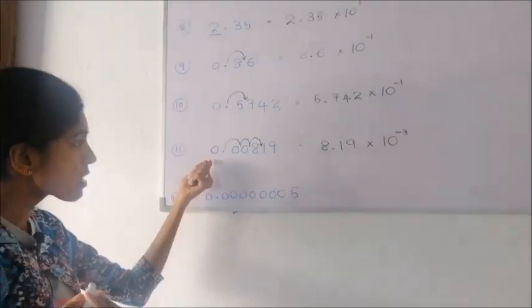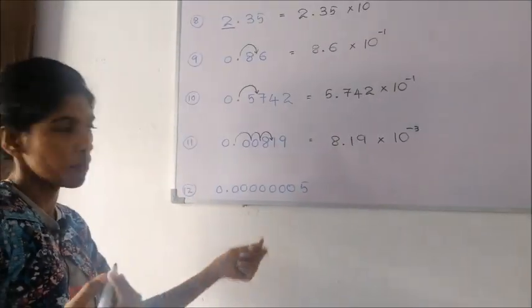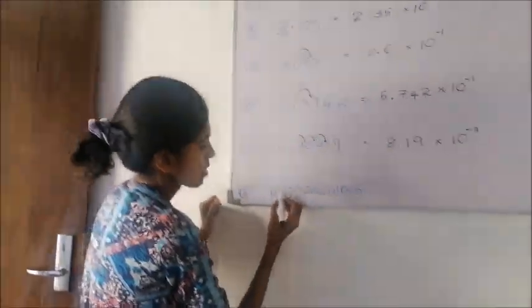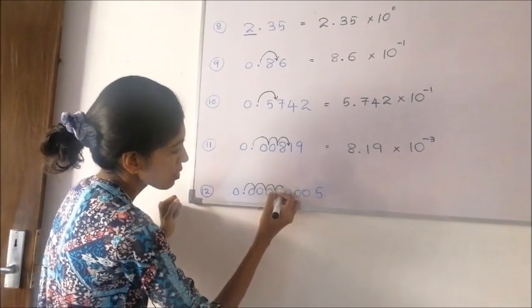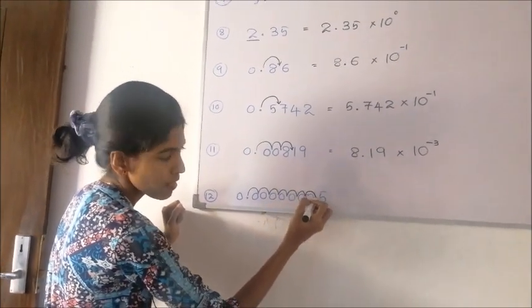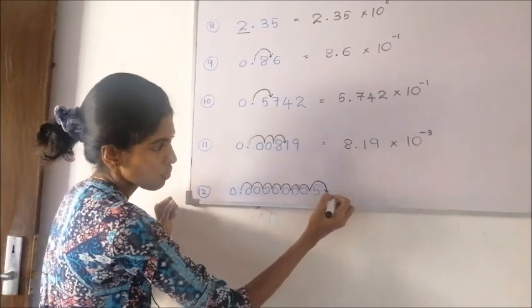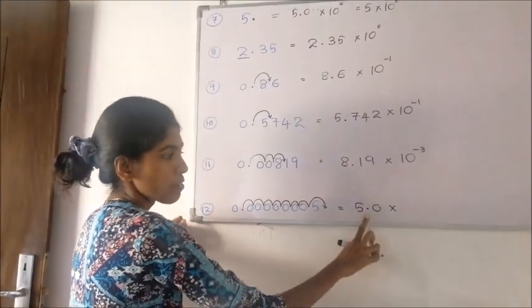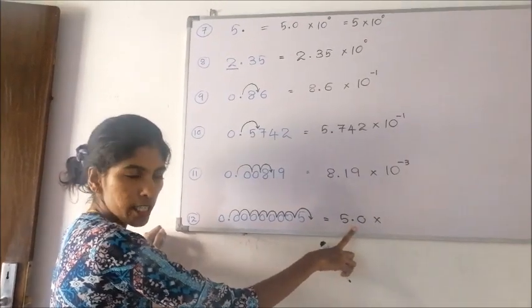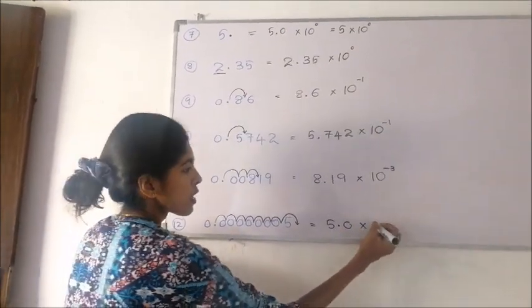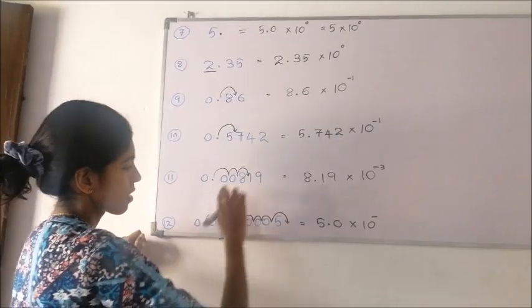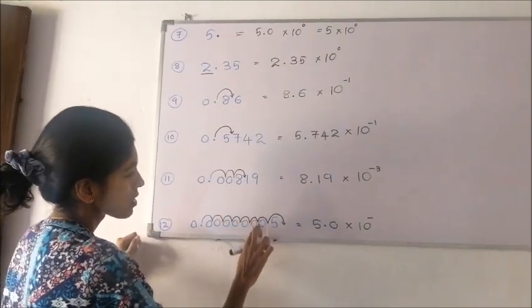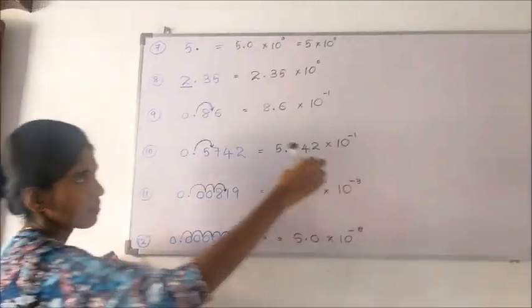Because in the beginning it was 0 point something. Here, see, 1, 2, 3, 4, 5, 6, 7, 8. Now only we got 5 point something. After 5, no any other number, so we put 0. 10 to the power minus, how many times? 3, 6, 8. See.